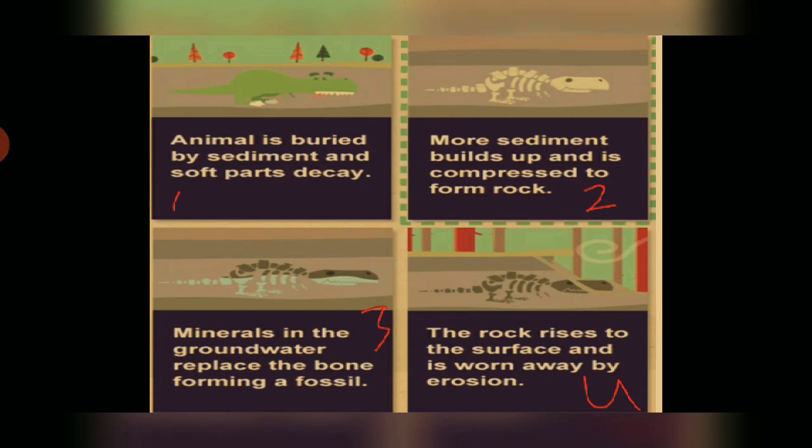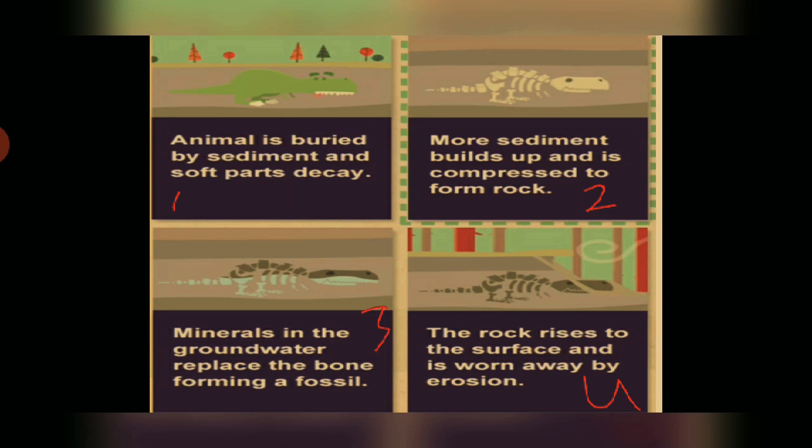Mainly if the organism died near a river, sea or lake, in a watery region, rapid burial occurs, due to the action of water. That's why the organism does not come in contact with oxygen, which prevents decomposition.